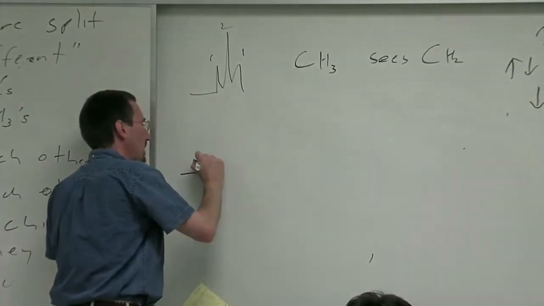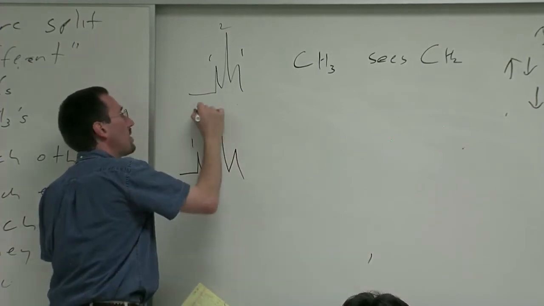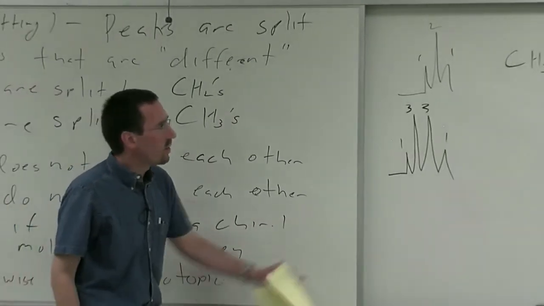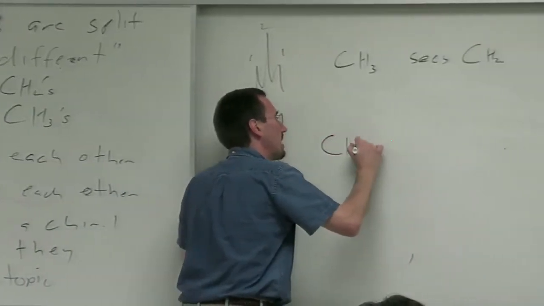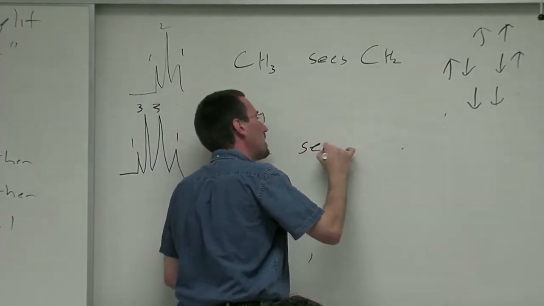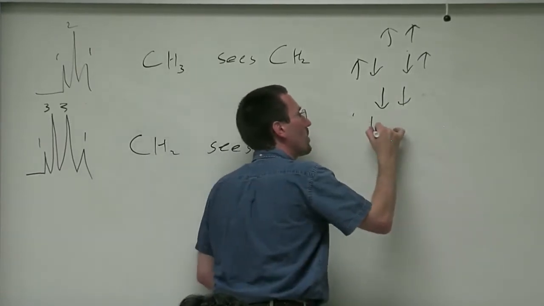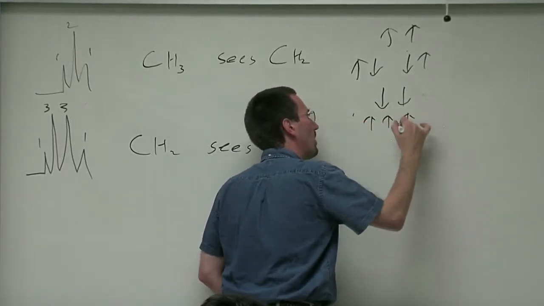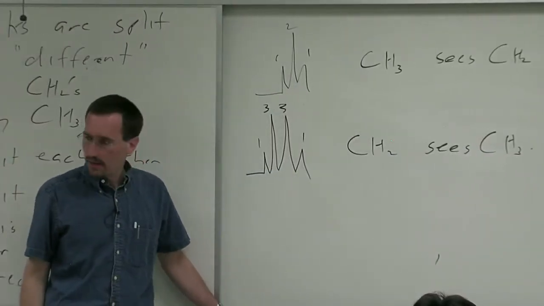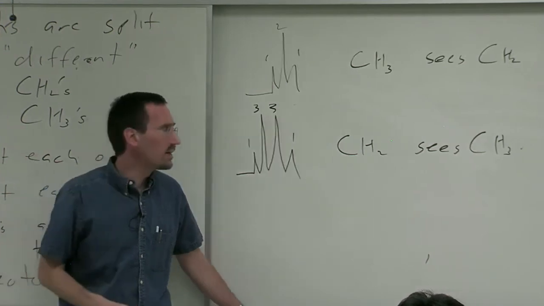For our quartet, we have a 1 to 3 to 3 to 1 ratio. The quartet, of course, comes from the CH2. The CH2 sees the CH3. And all of the protons can be spin up. In some of the molecules there are. Or 2 can be spin up, and 1 can be spin down.